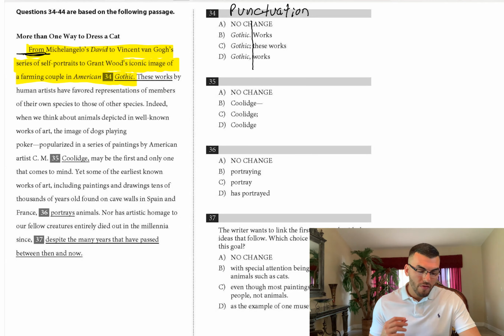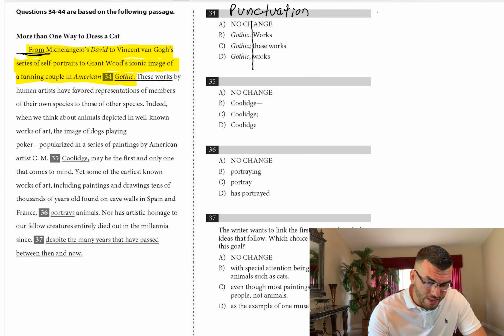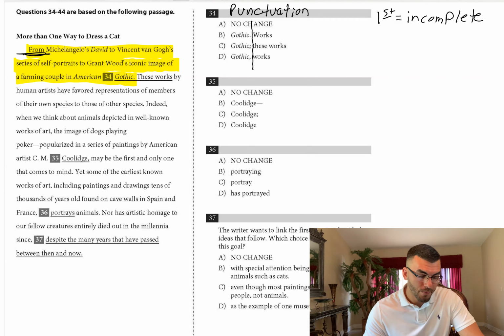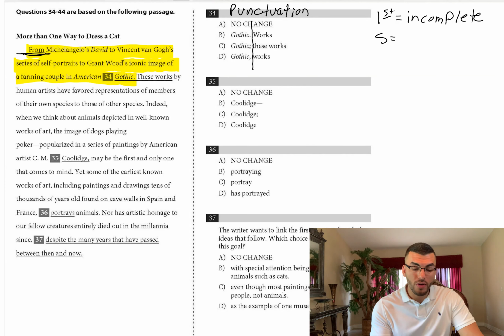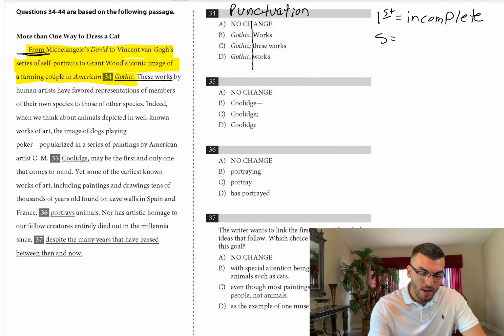We can just tell from right there that that is an incomplete sentence. The first sentence is incomplete. It doesn't stand on its own. It's not a complete thought. And besides, it does have a subject, all the artists that were named, but it doesn't have a predicate.